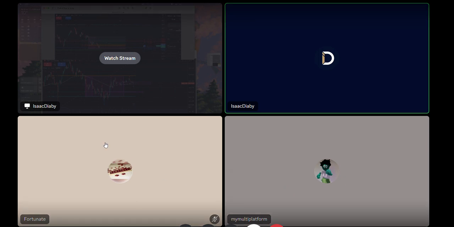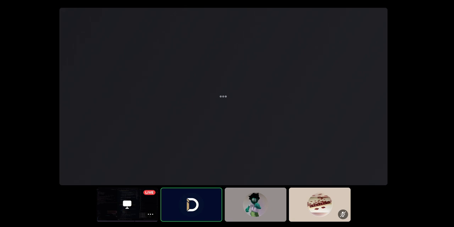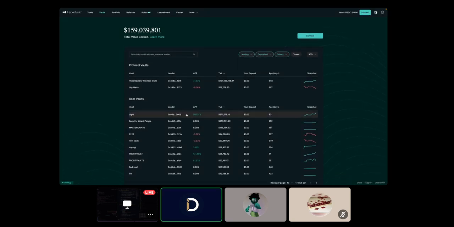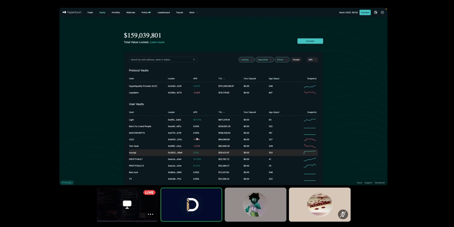So Hyperliquid has these concepts of vaults, right? As you can see, some of them are absolutely ridiculous. For example, 987%. No, these are for crypto, and those are monthly.